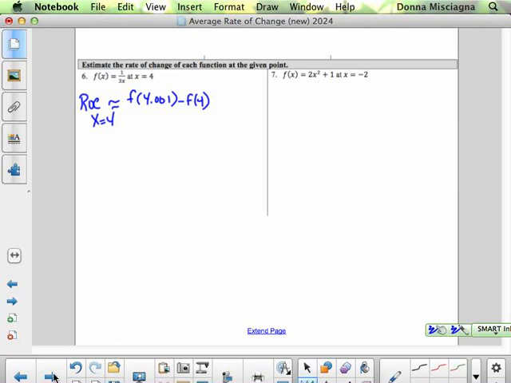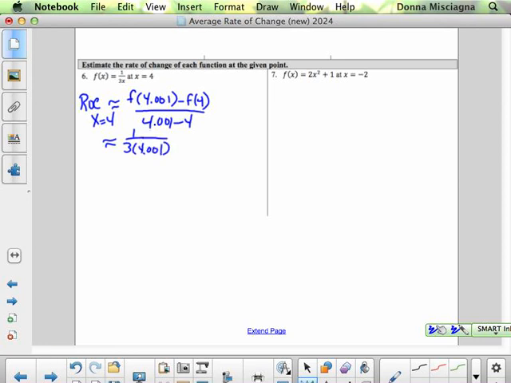All right, so we have divided by 4.001 minus 4. So this is going to be fun. All right, so this would be 1 over 3 times 4.001.